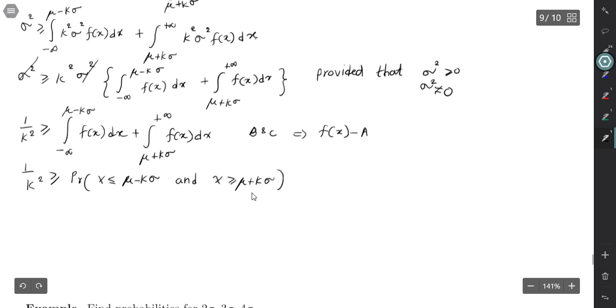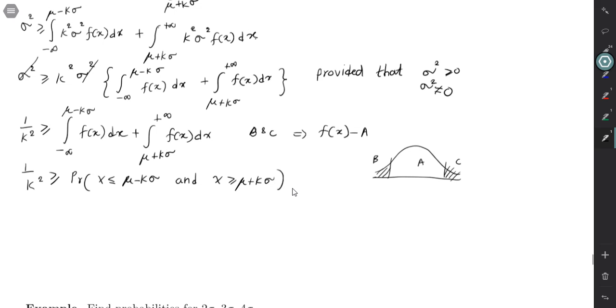If you use the complement, let's draw the picture again. Yes, A, B and C. So this probability is the probability that x takes values in this area and this area. You know the total probability is 1.